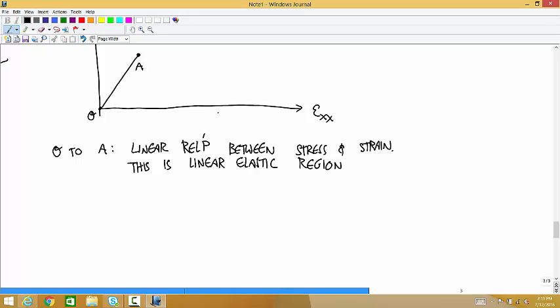And all the calculations that we're doing in this class are related to this region of the stress strain curve. So this is the region that concerns us in this class, the region of the graph that this class is about.